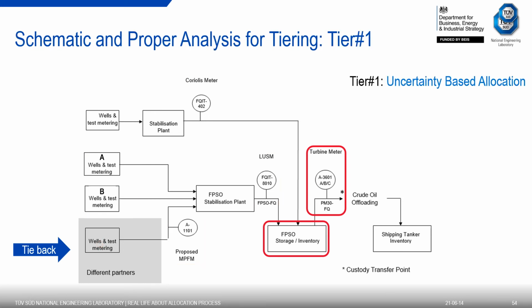So we define the tier 1 in this case, and the tier 1 will be between the physical measurement point of view, which is a turbine here, and the FPSO. So you are capable to do a tiering here, and obviously the best one will be the uncertainty-based allocation.